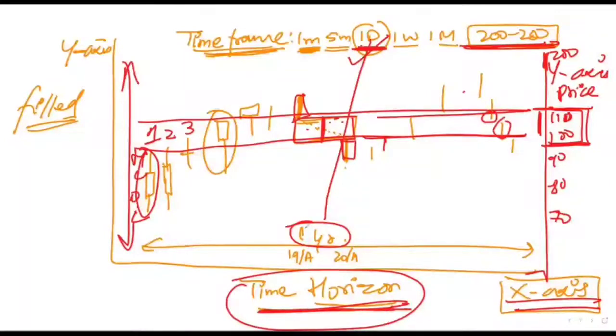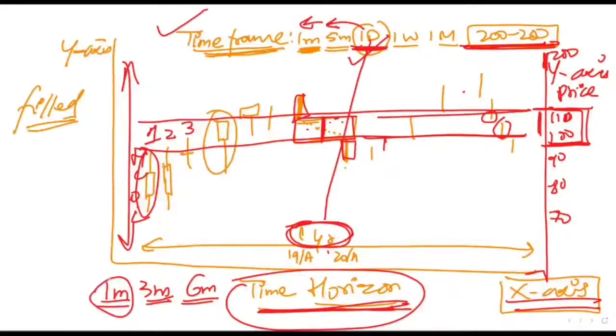Now, if you have chosen 1 year as time horizon, automatically the software will choose time frame as 1 day. If you have chosen the time horizon as 6 months, or 3 months, or 1 month, automatically it will go to a shorter time frame. Why? Because imagine if I'm looking at 1 minute, 1 month.